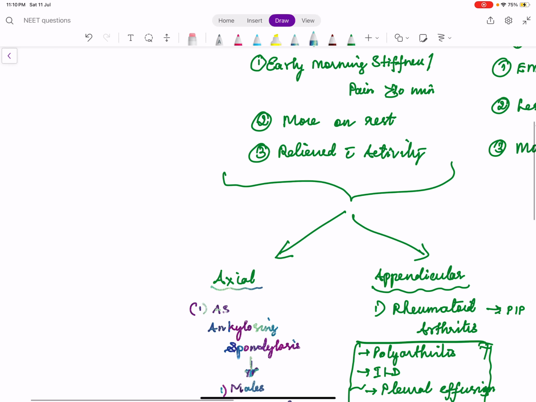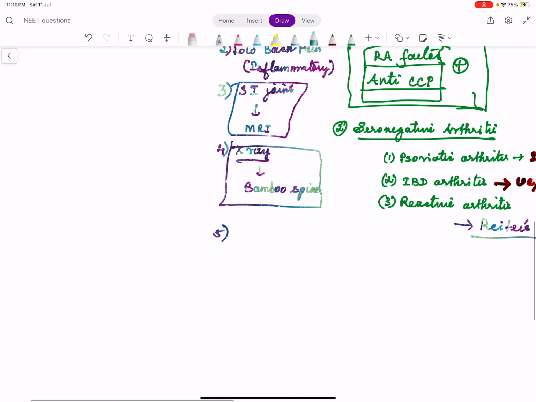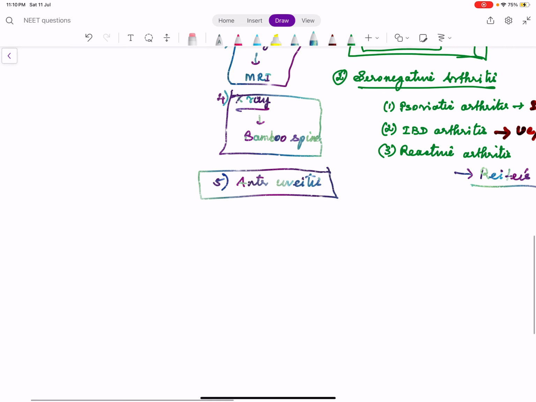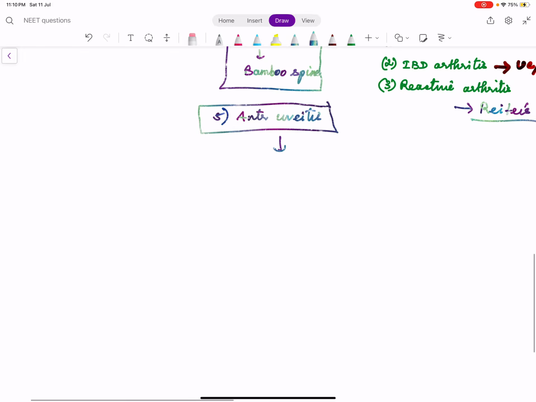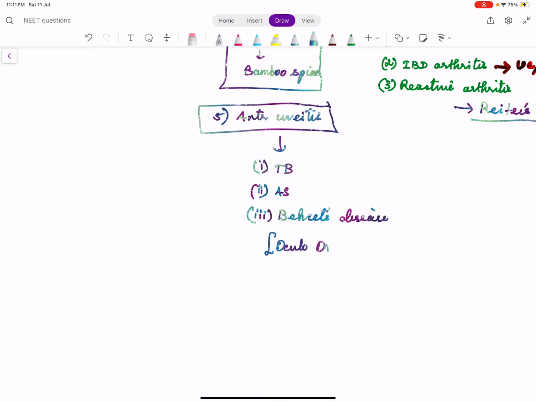And the associated feature of ankylosing spondylitis will be anterior uveitis. In ophthalmology, please read anterior uveitis. Please see images on anterior uveitis, because so many systemic diseases are associated with anterior uveitis, like tuberculosis, ankylosing spondylitis. Then we have Behçet's disease, called oculo-orogenital syndrome.